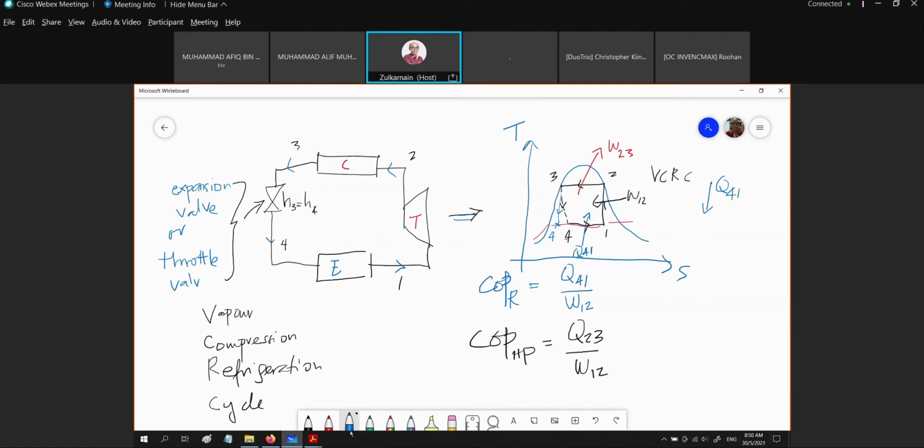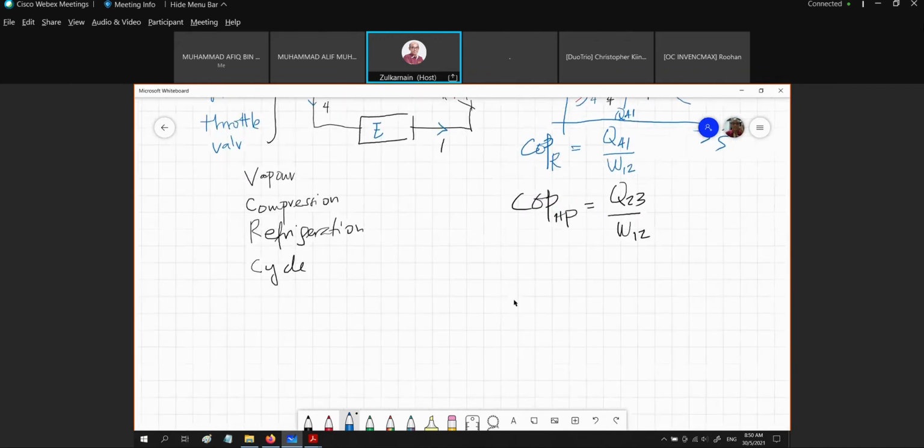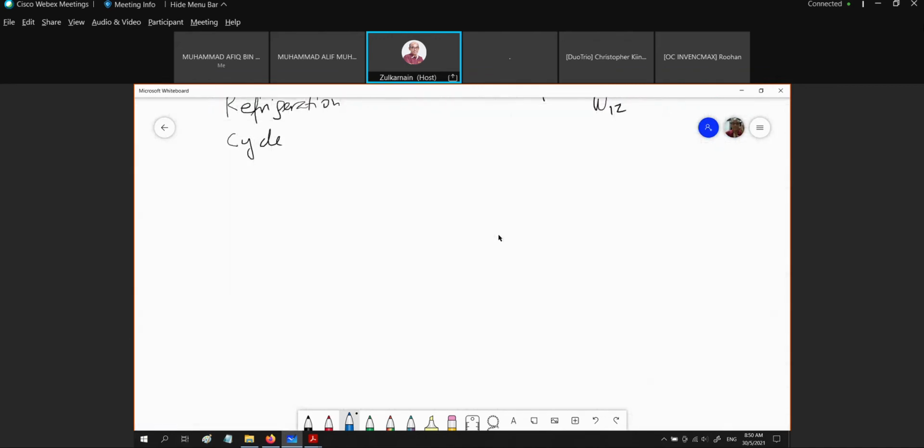Okay? So the next modification, the next method of how to increase the Q41. The main purpose is to increase Q41. We are going to use the same components: we have the turbine, the condenser, the expansion valve, and the evaporator.